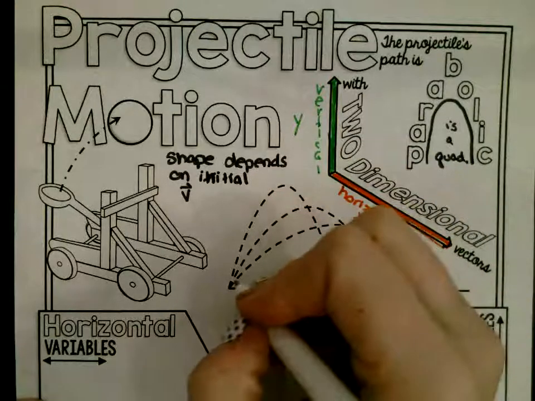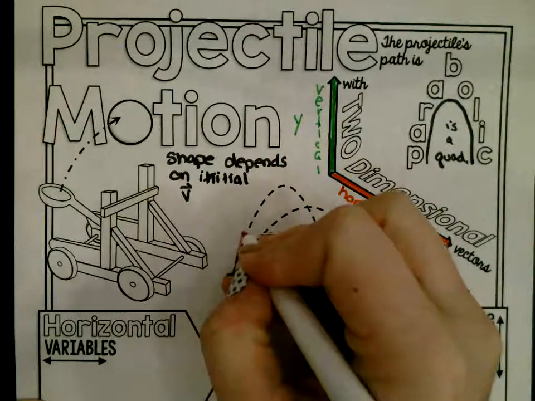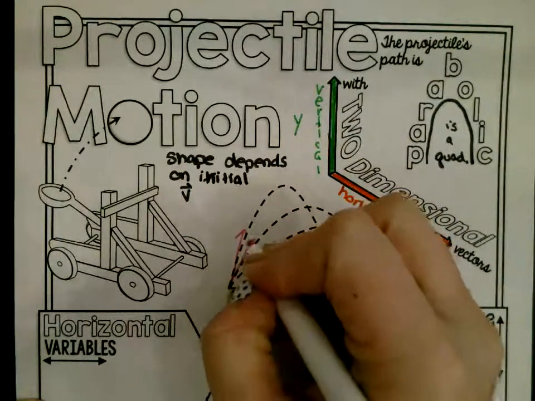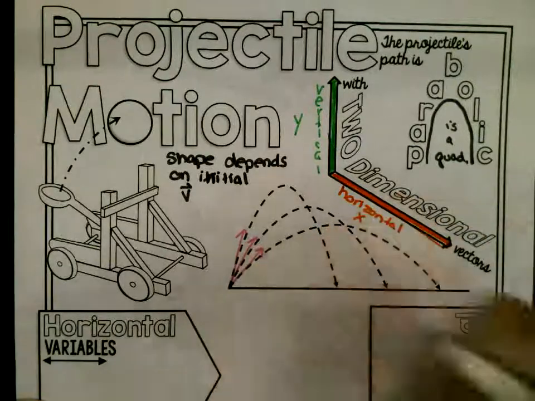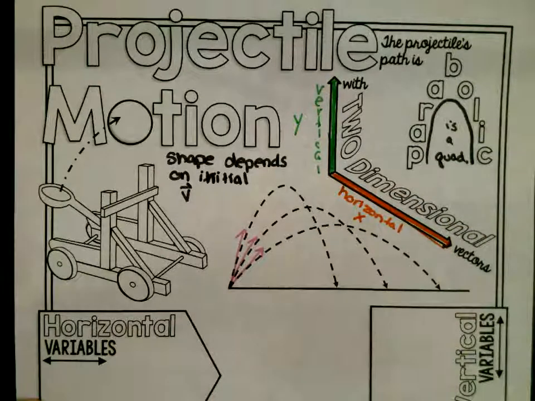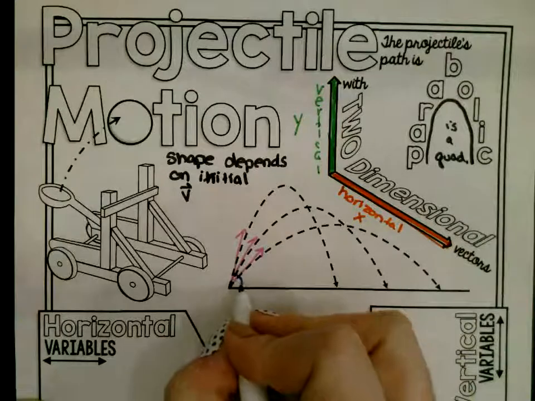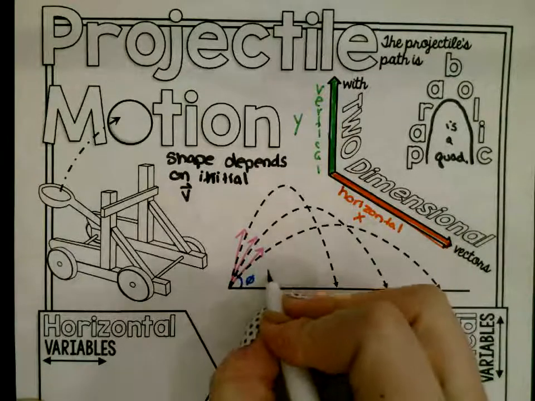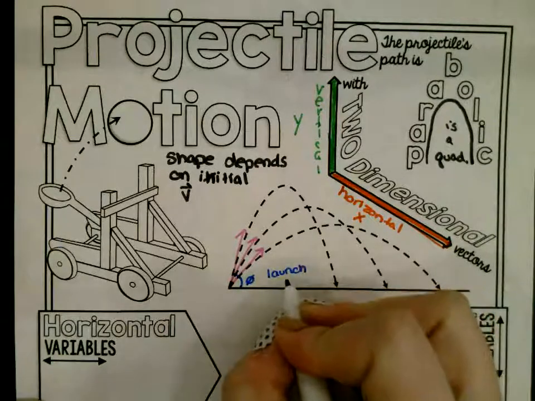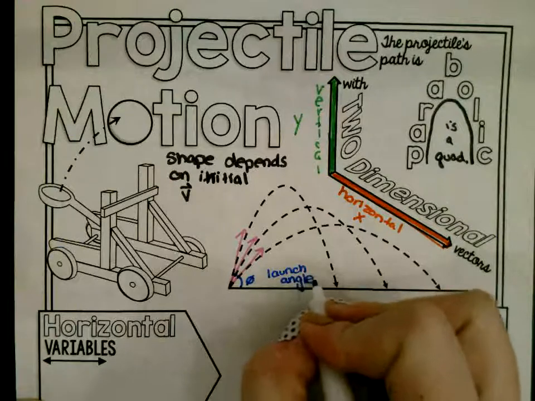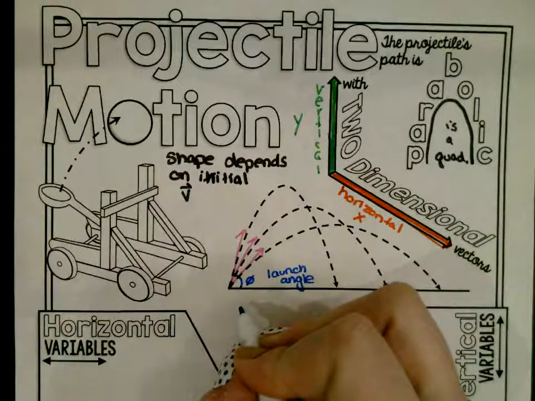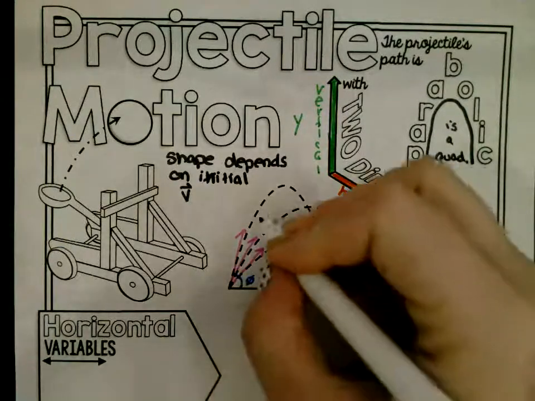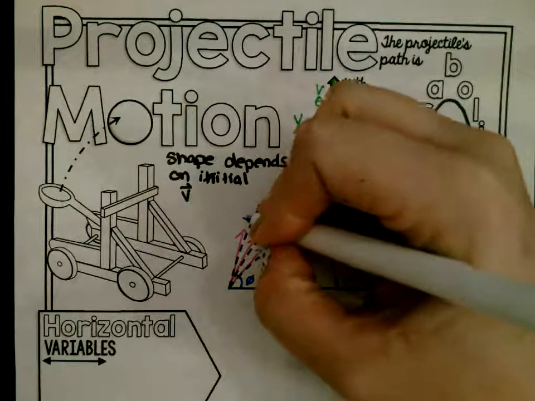So we have our initial velocities right here. This is where we've launched it. And down here is our launch angle. We're going to call this angle theta, and that is our launch angle. So we have a larger angle up here.